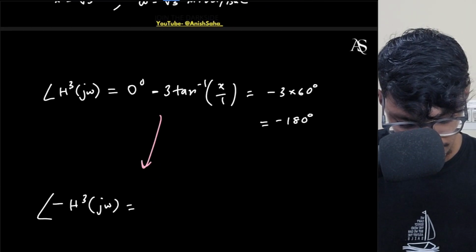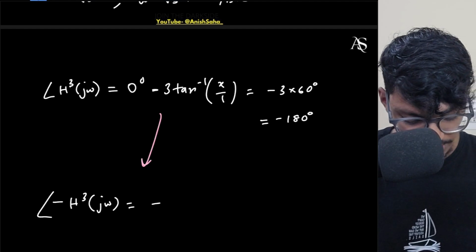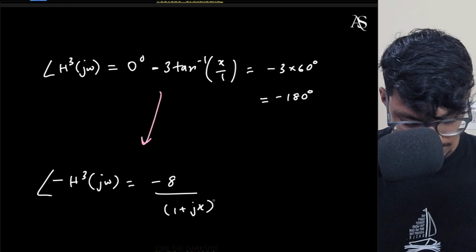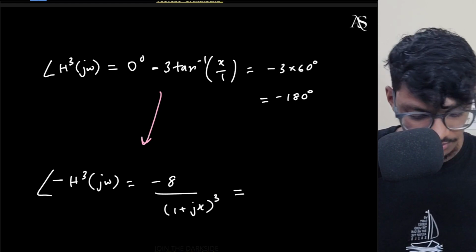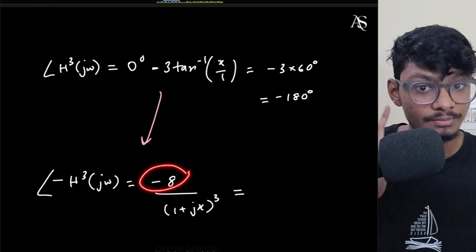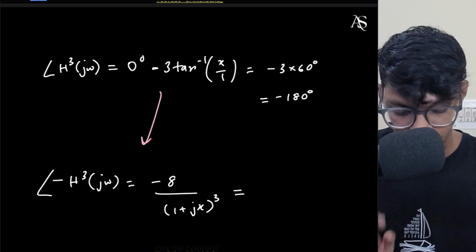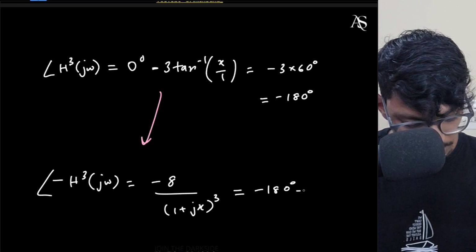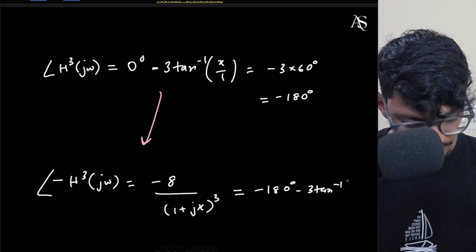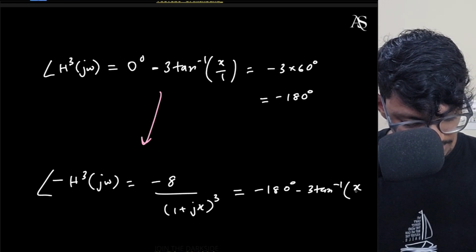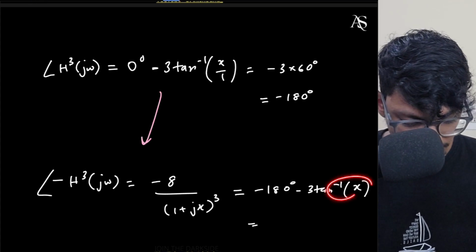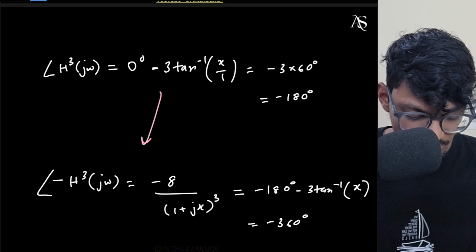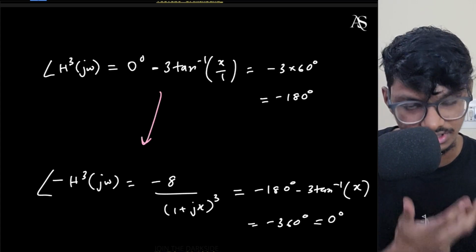If it is negative multiplication, simply I can write minus 8 by 1 plus jx whole cube, and now we can simply do the calculation: the angle contributed by the numerator is minus 180 because a negative sign is here, and the angle contributed by the denominator will be simply minus 3 times tan inverse x, which is simply 60. So minus 3 times 60 is minus 180. Minus 180 minus 180 gets you minus 360, which is the same as 0 degrees or plus 360, right?